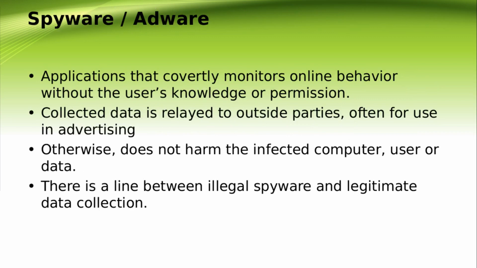Spyware and adware: applications that covertly monitor online behavior without the user's knowledge or permission. Collected data is relayed to outside parties, often for use in advertising. Otherwise, it doesn't harm the infected computer, users, or data. So this is a line between illegal spyware and legitimate data collection.